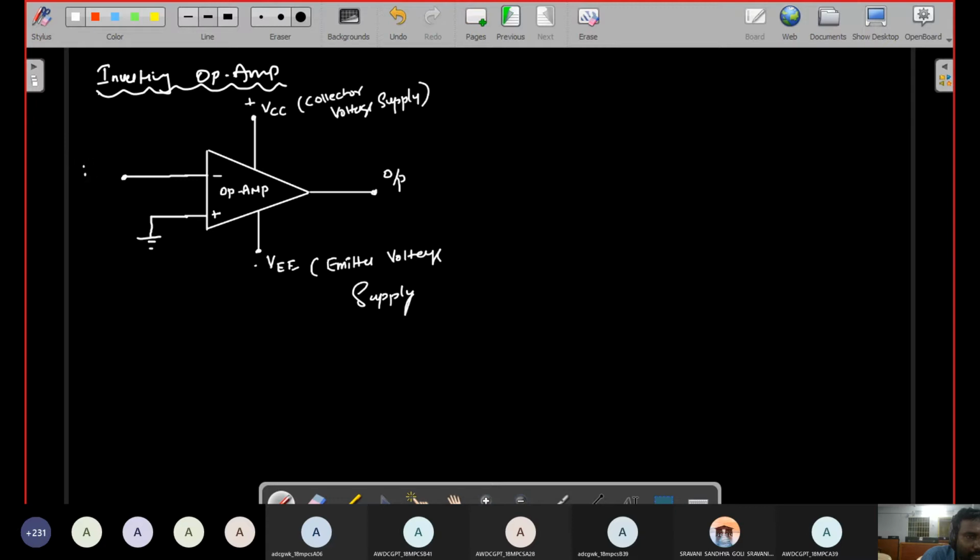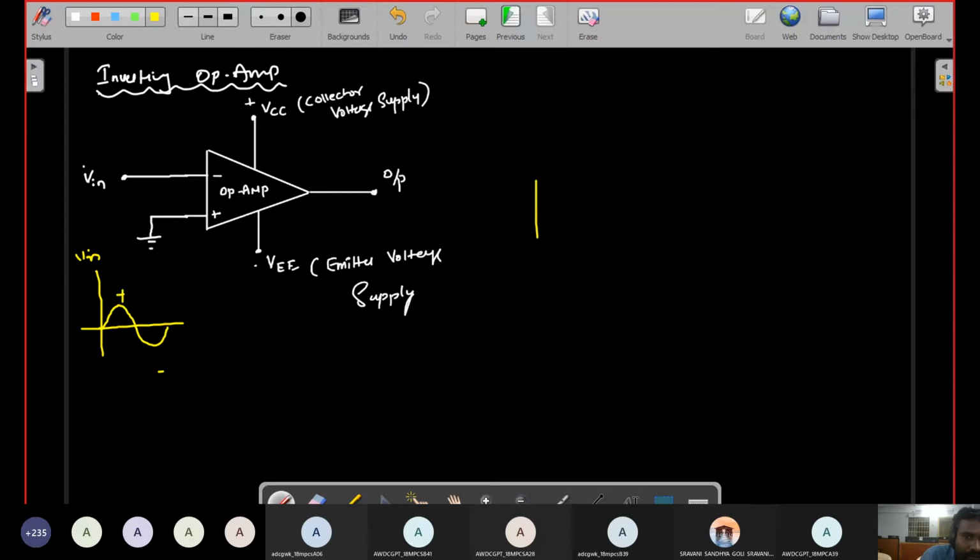So now I will apply some input signal to this inverting terminal. So what will happen in output? See, once again, if I am giving a small input signal, an AC signal of a sine form, positive and negative, then what will happen in output?